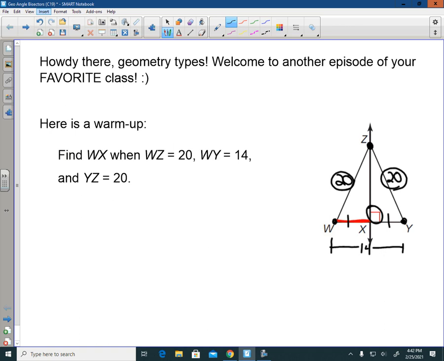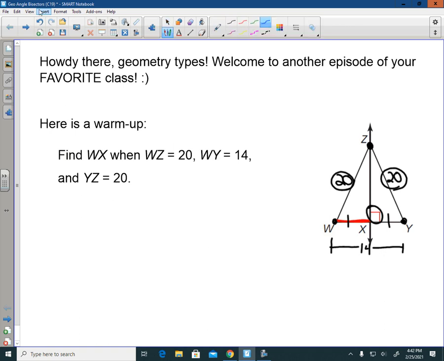So that's some significant information, and that theorem pulls everything together. If we know that WZ and ZY are the same, and we know that the whole distance from W to Y is 14, the converse to the perpendicular bisector theorem tells us the rest.